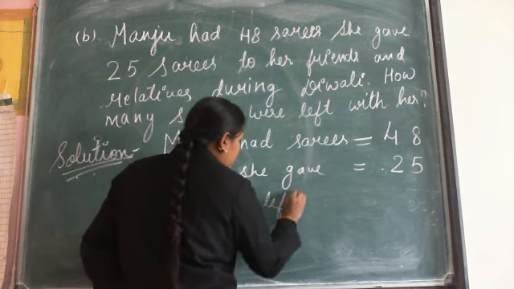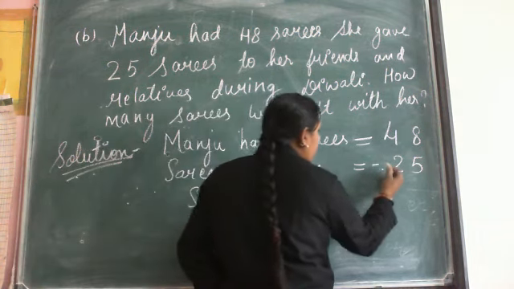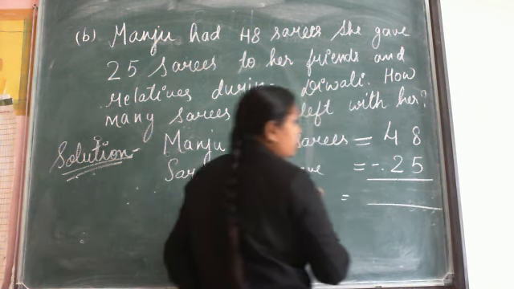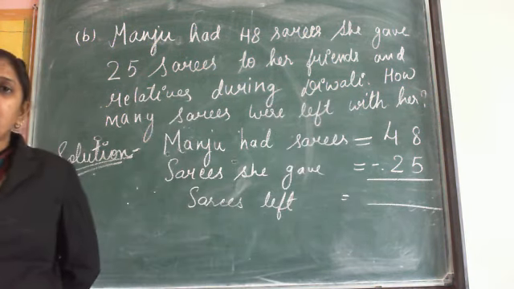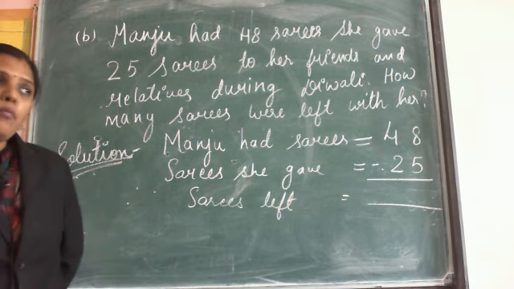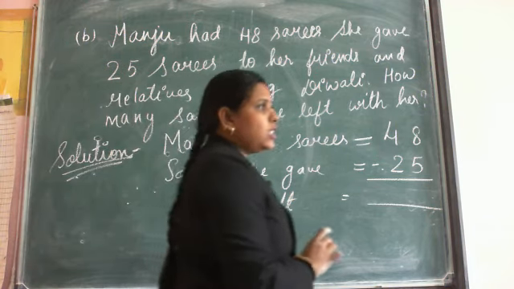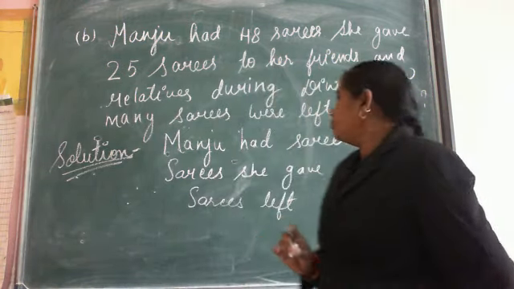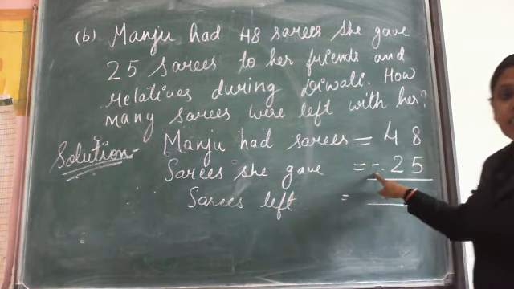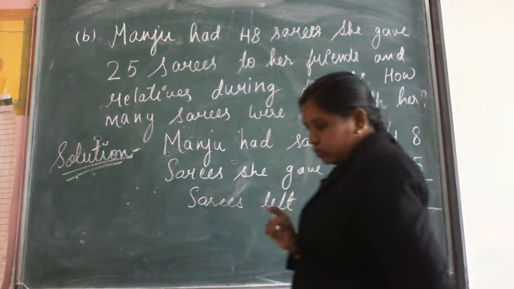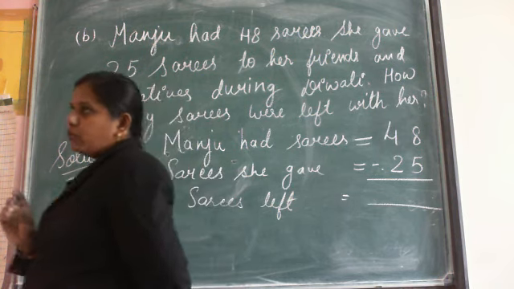Saris left. That means we have to do subtraction. We subtract the number of saris she gave from the total number of saris she had. So 48 minus 25. Try to subtract.